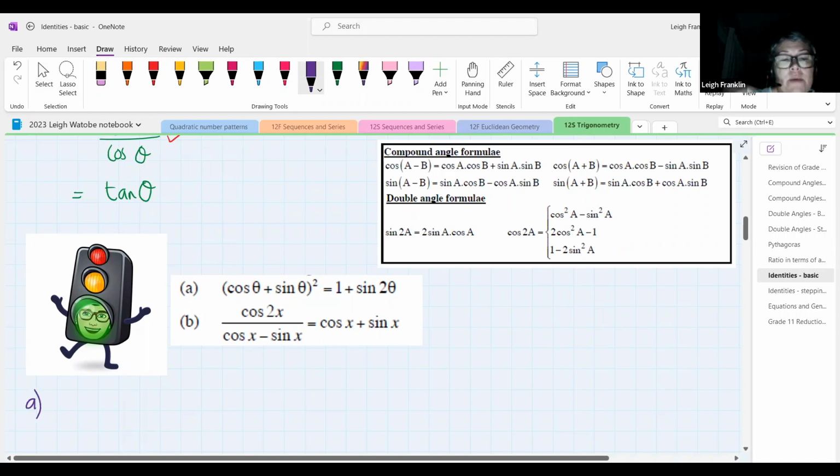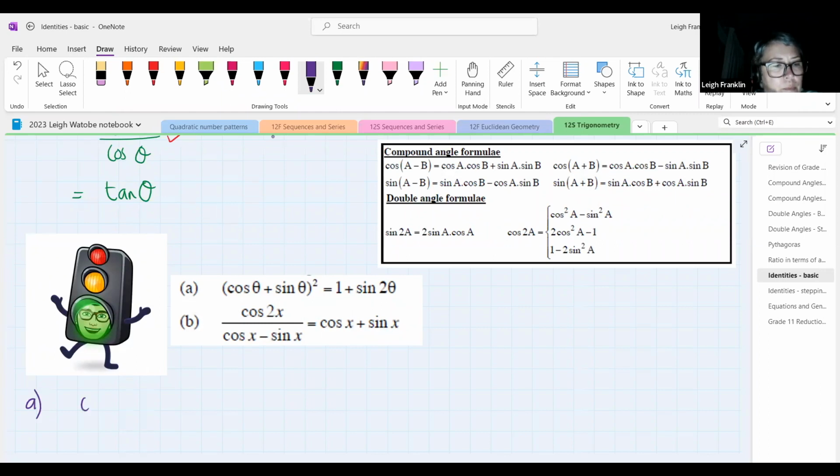Does anybody want to tell me what they did for A? Anybody feeling brave and want to share their answer? Asanele, go for it. What did you write? Ma'am, I'm not too sure, but for the first question, in the brackets cos theta plus sine theta, you square the first and then you square the last and then you multiply them and then add 2 in the front.